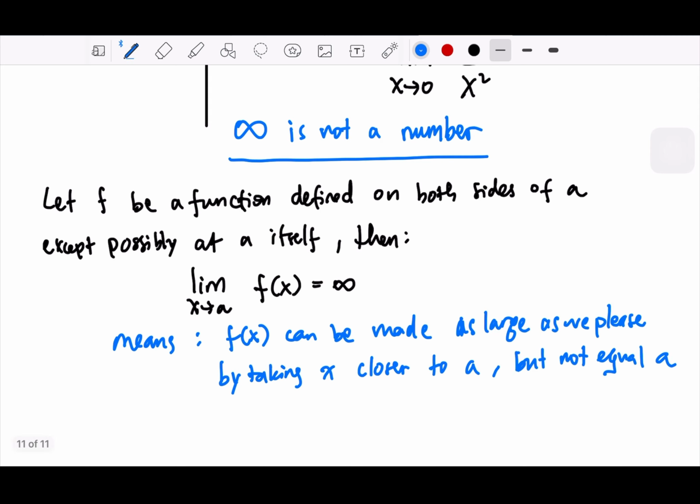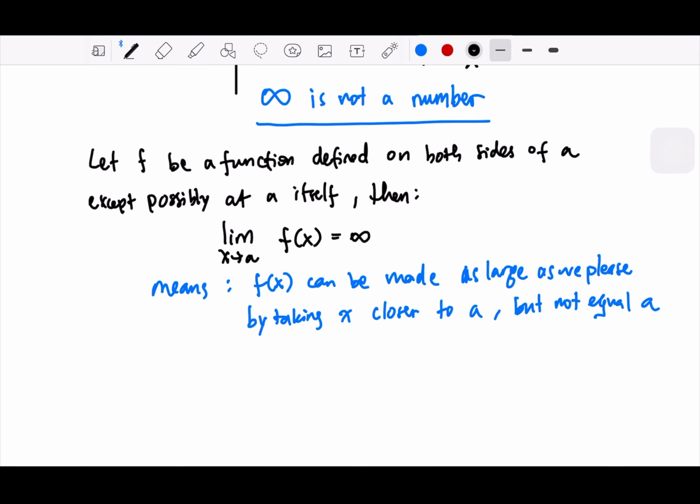We can also write this in terms of limit as f of x getting closer to infinity as x gets closer to a. We can also write that. And another way, instead of positive infinity going really, really large, we can also have negatively large.